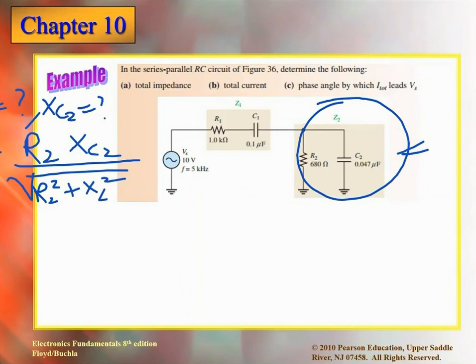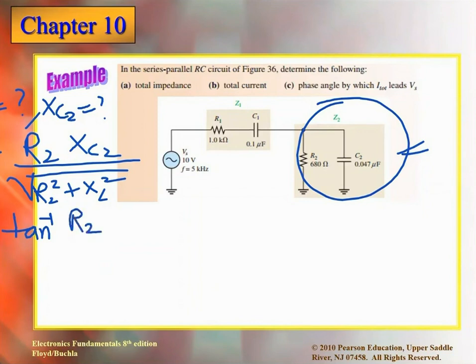Similarly, I can get theta 2, or theta p, for the parallel circuit, whatever name I give. So theta p, what will it be now? Tell me the formula. Tan inverse, what should it be?